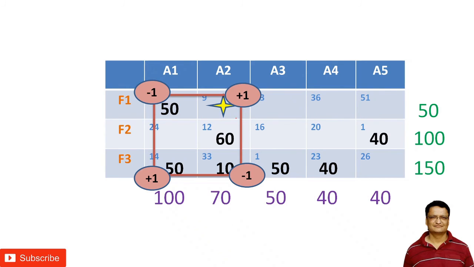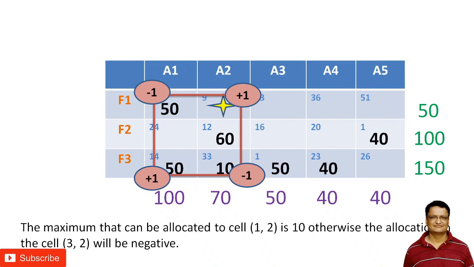So this is the importance of this loop. When you allocate one over here, you have to remove one from this cell, add one to this cell, and remove one from this cell.